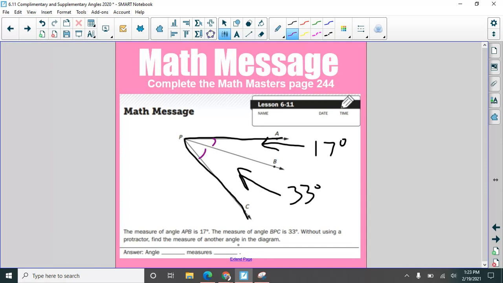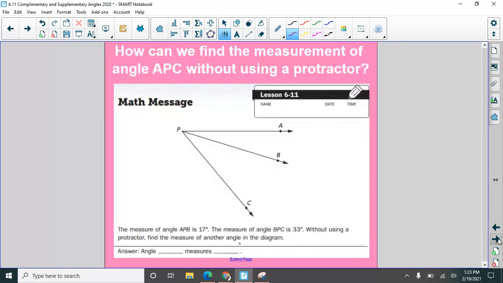Yeah, did you add those up? This would be 50 degrees. Okay, so angle APC measures 50 degrees.